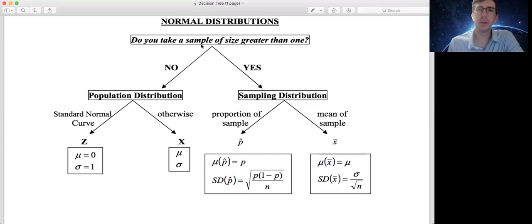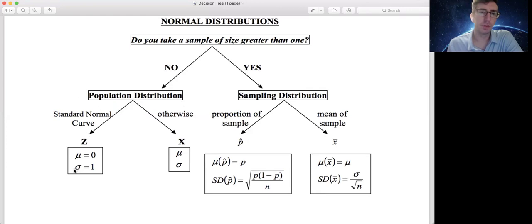If you're only taking a sample of size 1, if you're only asked about one of your who's, right, from chapter 1, then you're just pulling that one person straight from the population that you are also given in that problem, right?